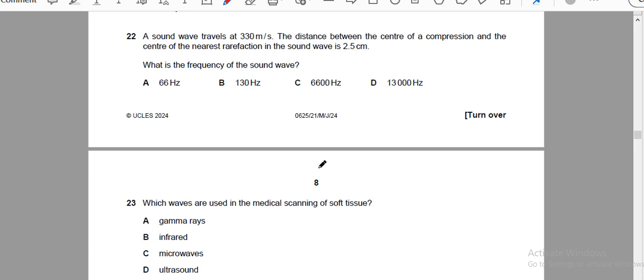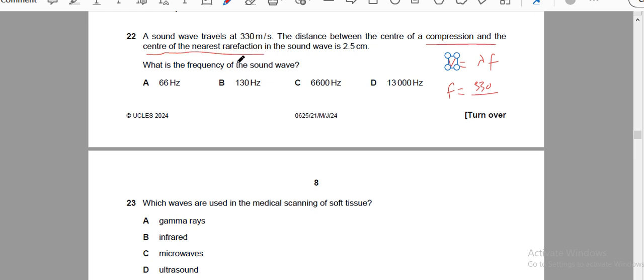A sound wave travels at 330 meters per second. The distance between the center of a compression and the center of the nearest rarefaction is given. What is the frequency? We have a speed, a frequency, and a wavelength, so we should remember the relation. Frequency equals 330 over lambda. Lambda here is double the distance that is described in the question.